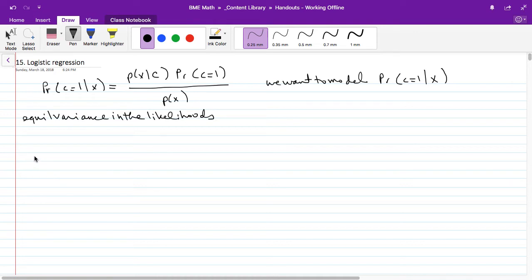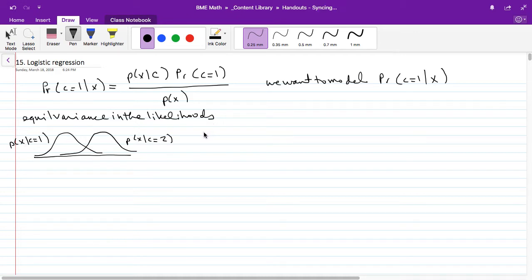Just to remind you, we have some class, we have some other class, and we have our likelihoods, and then we have this other likelihood, and we would like to be able to represent the posteriors using some kind of a model that will have parameters that we can update based on our prediction error. So we're going to begin with the idea that the likelihoods are normals.